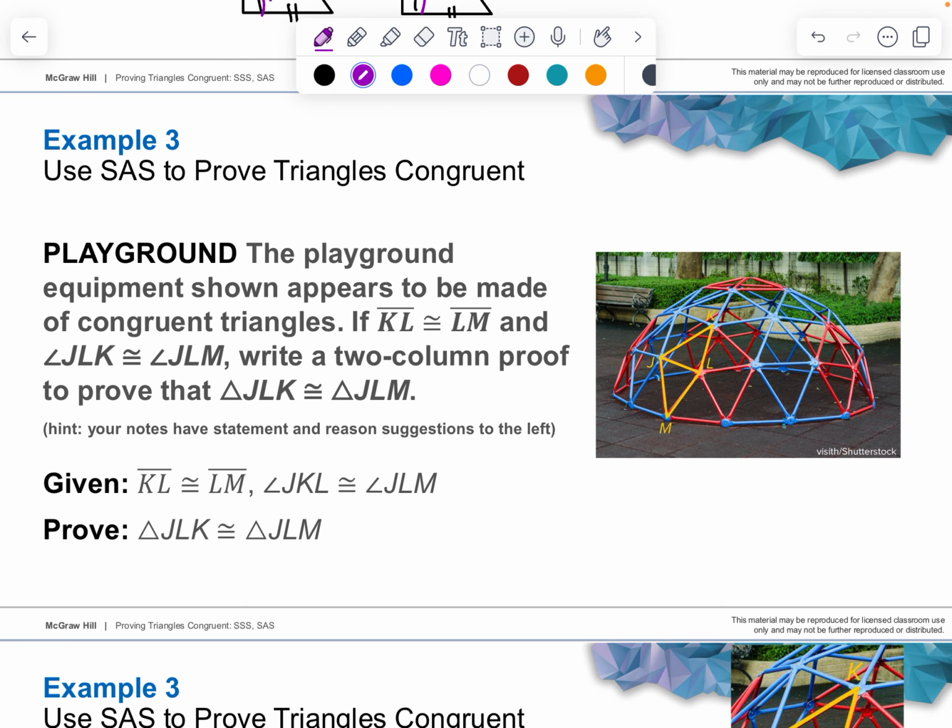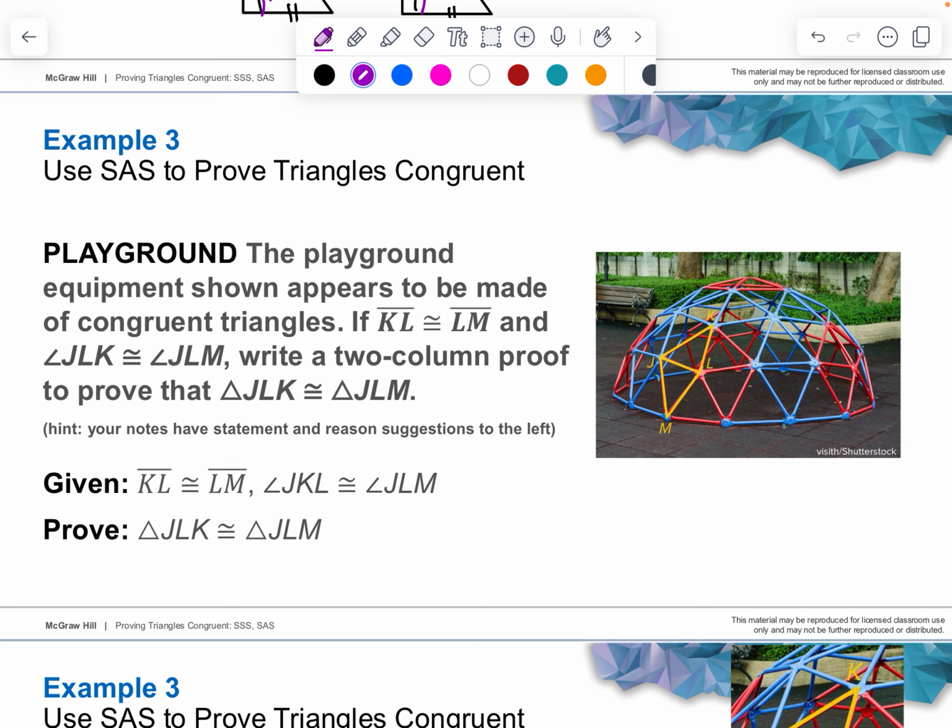Example 3. This playground equipment shown appears to be made of congruent triangles if KL is congruent to LM and angle JKL is congruent to angle JLM. Write a two-column proof to prove that triangle JLK is congruent to triangle JLM. Hint, in your notes, they have statement and reason suggestions to the left.